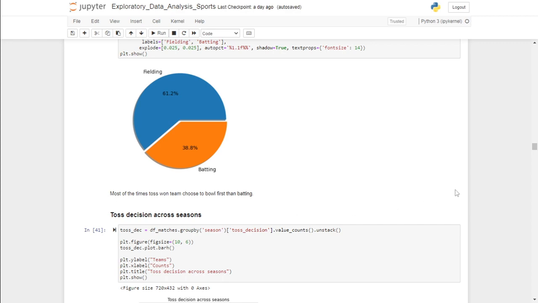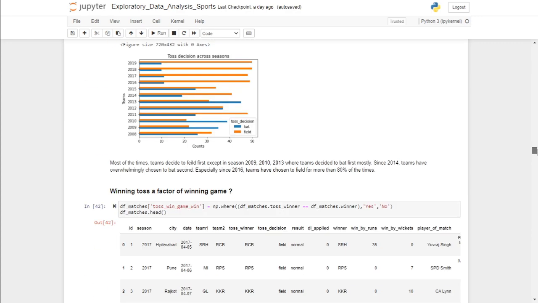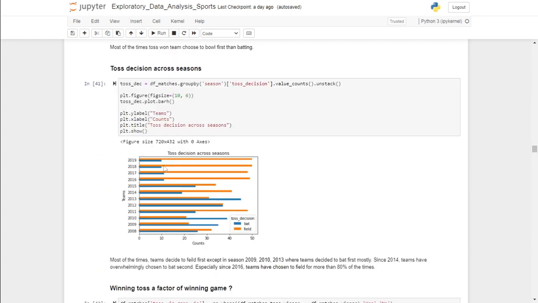Looking at the toss decision across seasons, you can see that there is a large difference between the number of matches choosing to bat first and bowl first after winning the toss. There is a high difference, except in 2013 and also 2010 and 2009.